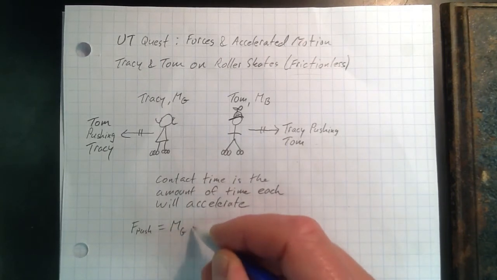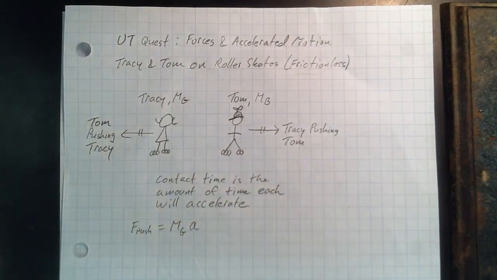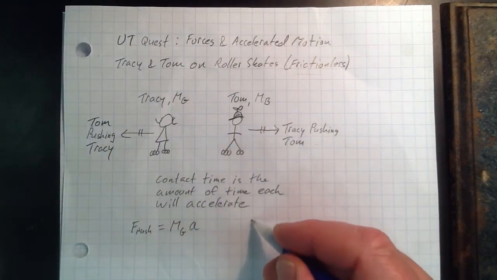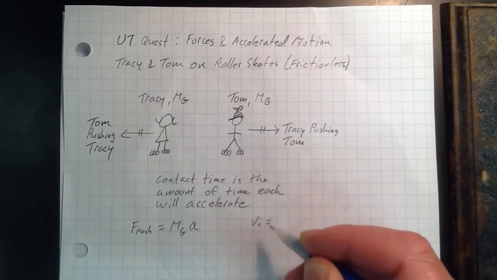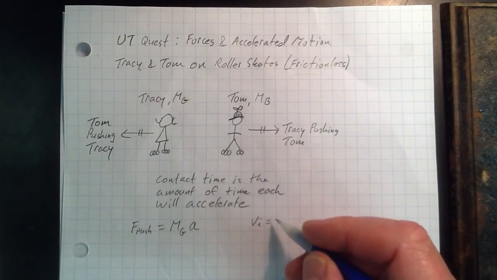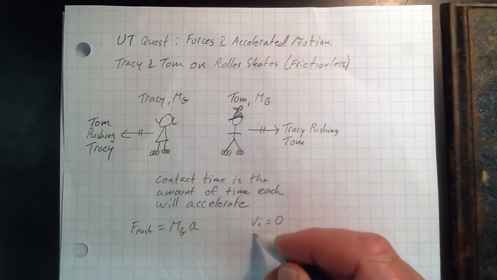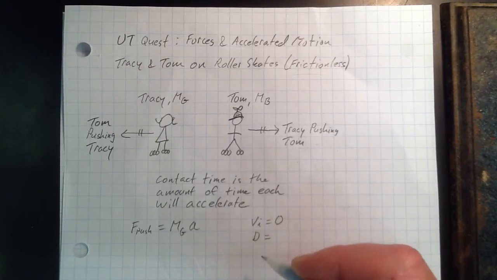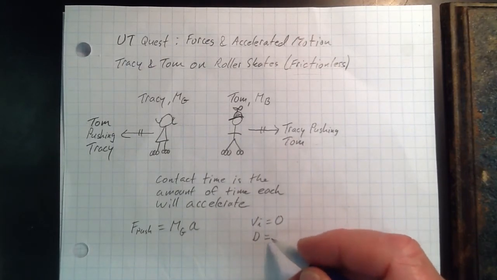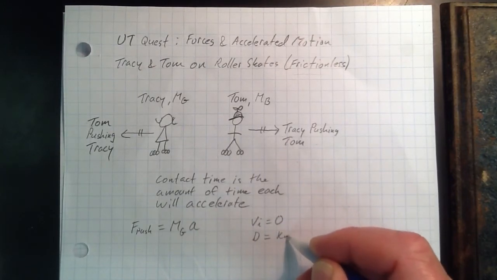So let's take the mass of the girl and her acceleration. Okay, I know her V initial is equal to 0. And I know that during this time of acceleration, she travels a certain known distance.